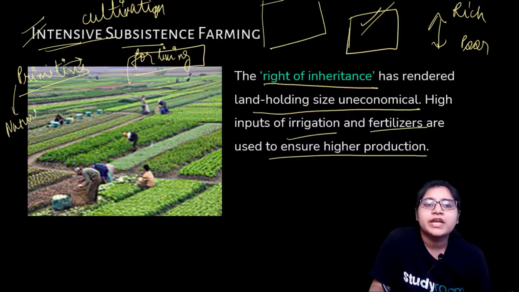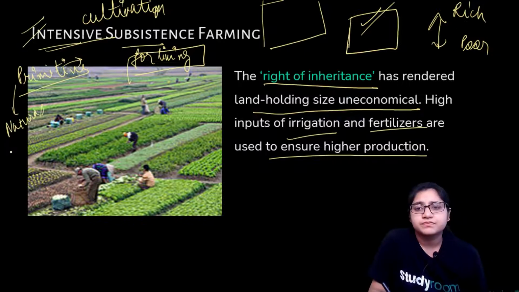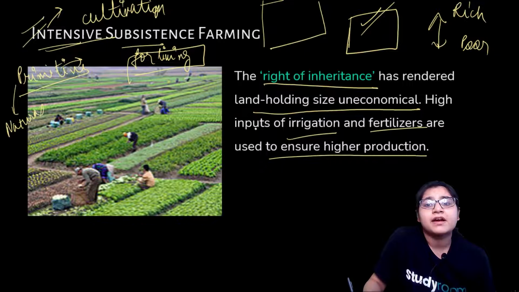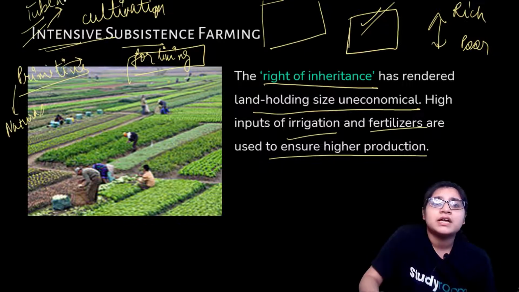Natural irrigation supplies, or natural methods. But in intensive farming, they take the help of the market as well, like inputs of irrigation, such as tube wells, which are installed, and this can only be done by rich people, right?